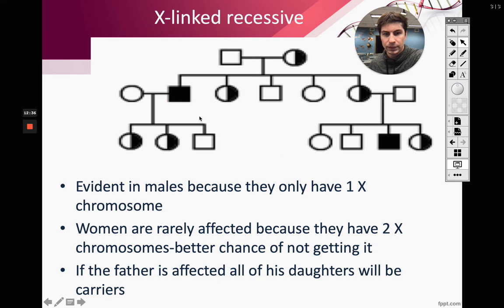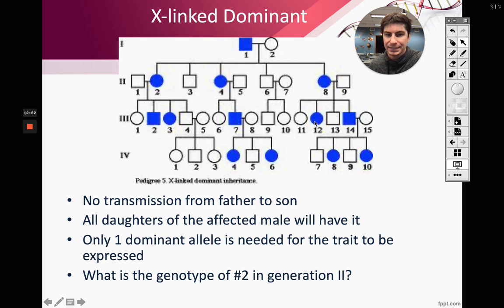So if you look at this one here, females, even though they're half filled in, they don't have the trait. If you look here, look at the males. The males are filled in. There is no females that are fully affected, but there are 2 males. That's how you tell X-linked things.